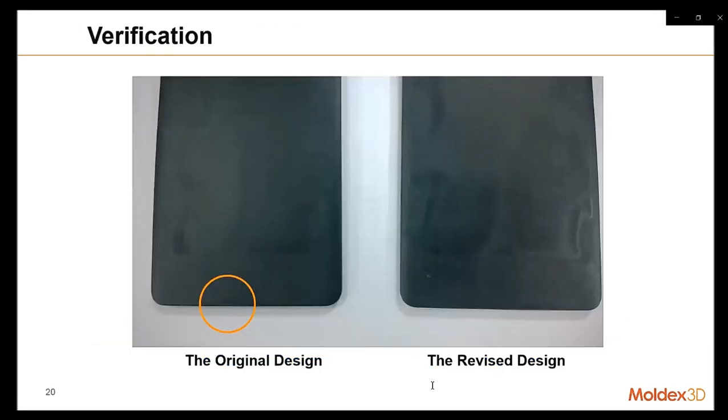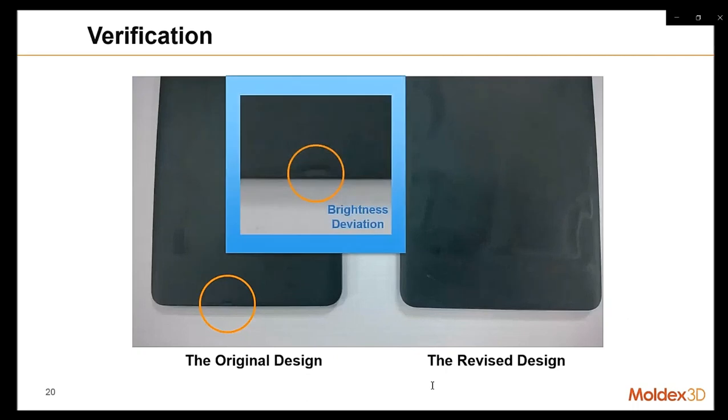And then we compare the injection molded part of the original design and the revised design. On the left-hand side, we can see in the bottom area there is a very serious sink mark, and we use brightness deviation to help you see the sink mark in this area.